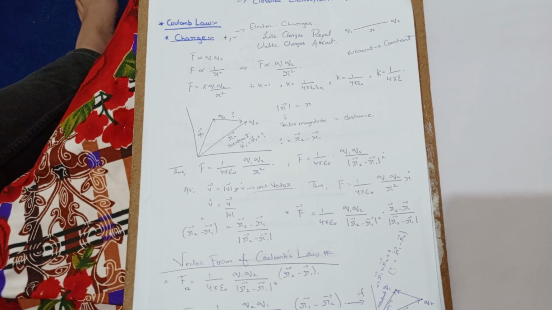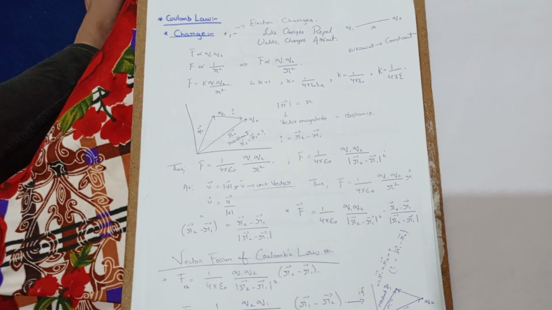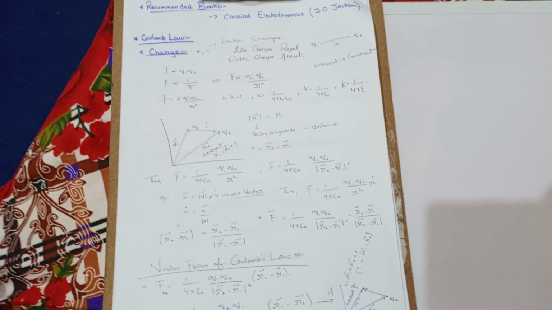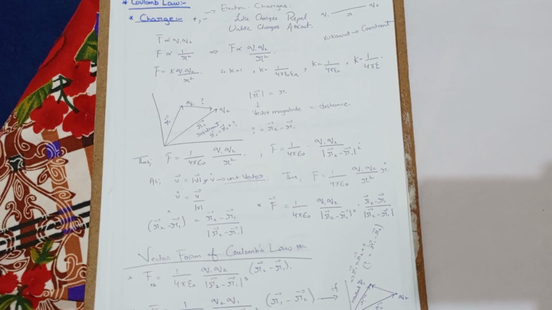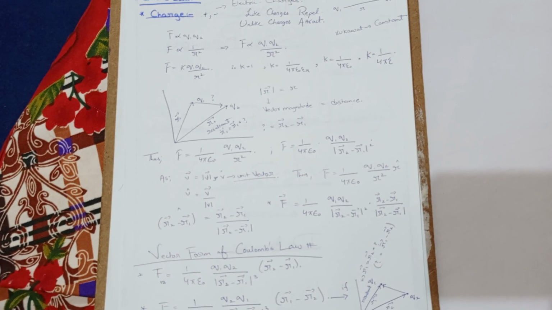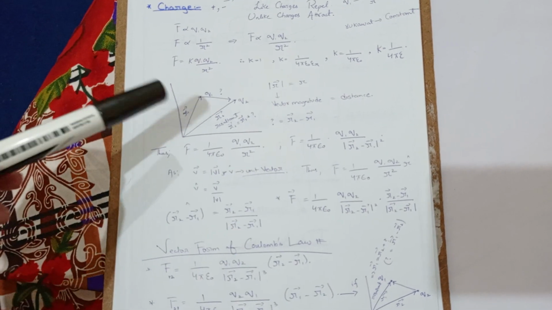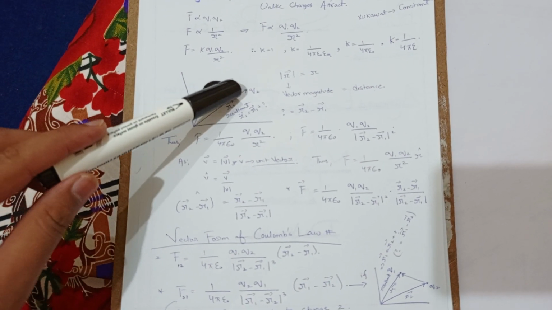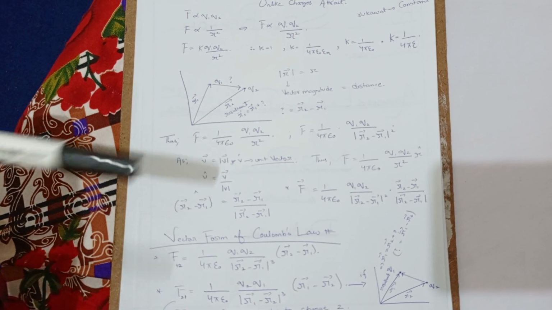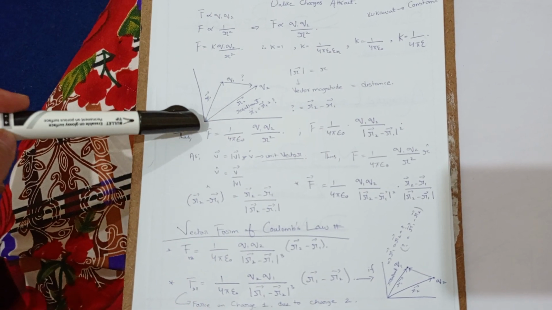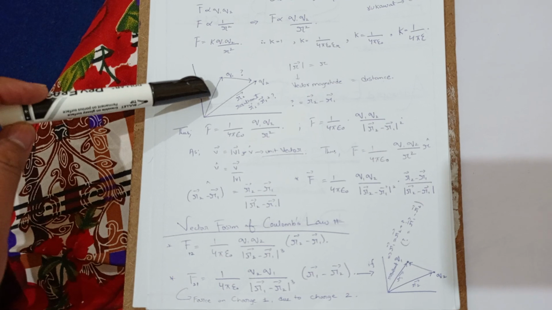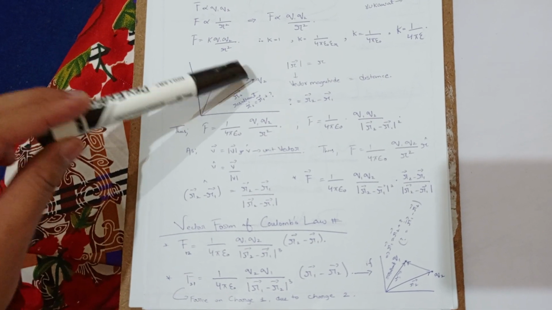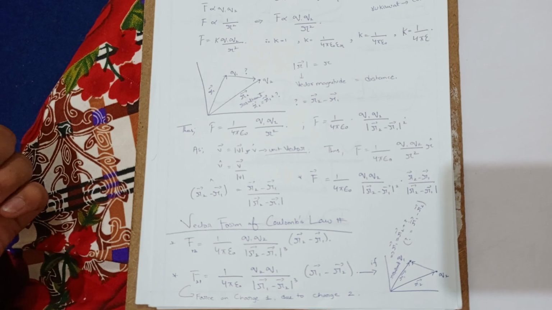Because our charges are in space, we must take some coordinates. Let's take a space coordinate in which my charge q1 is here and my charge q2 is here. The distance from the origin to q1 is r1, and the distance from the origin to q2 is r2.